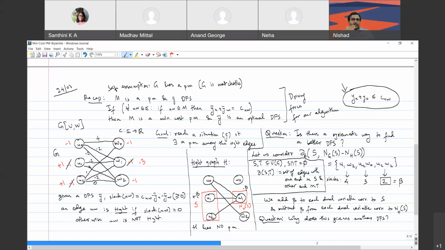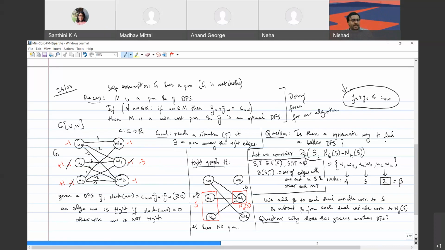Because if the other end is not in the neighborhood of S or is not in S, then we are only decreasing the left hand side because we have subtracted something from the vertex in the right hand colored class, right? And if the other end is in S, then we are simply adding beta and subtracting beta, right? So we won't change the left hand side in the dual constraint, right? So if one end is in the neighborhood of S in H, we don't need to care about those edges.